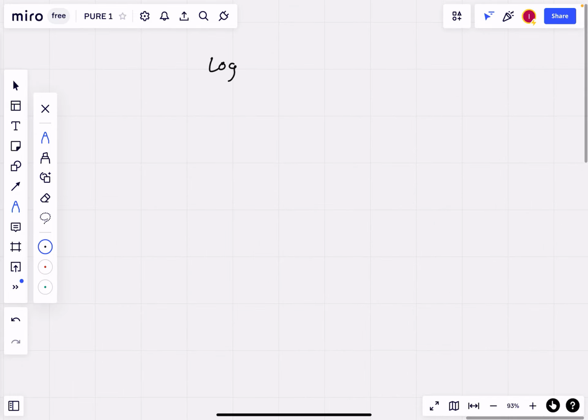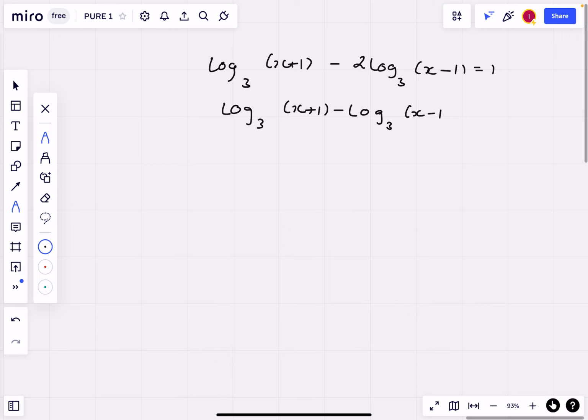So log base 3 of x plus 1 minus 2 log base 3 of x minus 1 equals 1. Now we use the power rule like this, and now we can do division. Now we can do the equivalence.